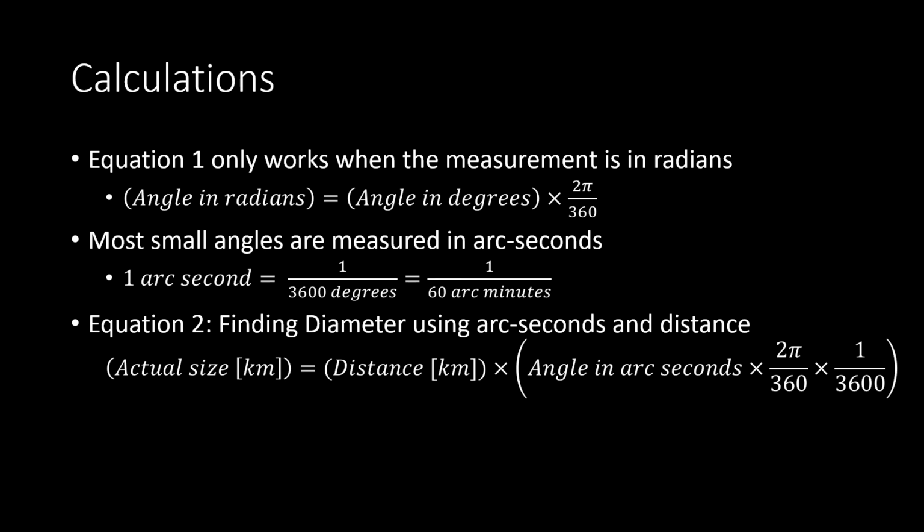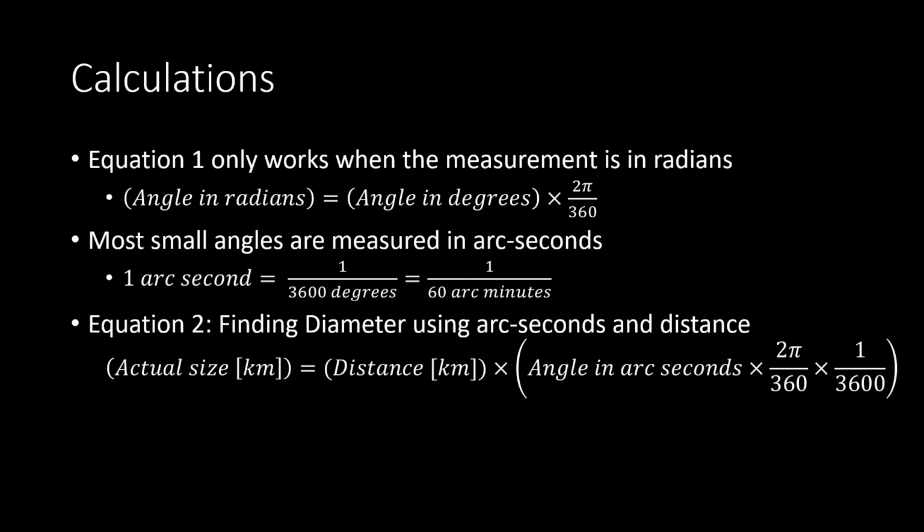That converts from degrees to radians, and then we want to make sure that we are also in degrees, so we convert from arc seconds to degrees using the 1/3600 here. So if you know the distance in kilometers and your angle in arc seconds, you can now find your actual size. You could also rearrange this equation. If you knew the actual size of an object and you knew its angle in arc seconds, you could figure out its distance from you in kilometers as well.